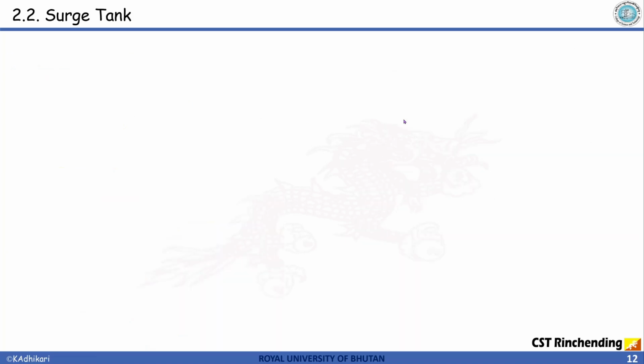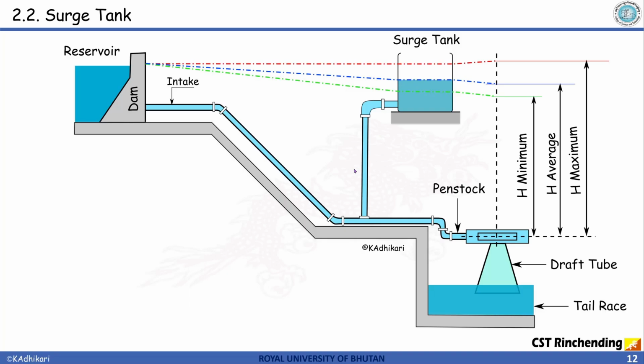With this, let's try to understand the functions, and we'll be discussing more of the surge tank, but right now let's understand what exactly a surge tank is. So here is one more schematic of a hydropower plant. So there is a reservoir, and there are intake facilities, and somewhere here will be the desilting chamber, and this is what we call the penstock.